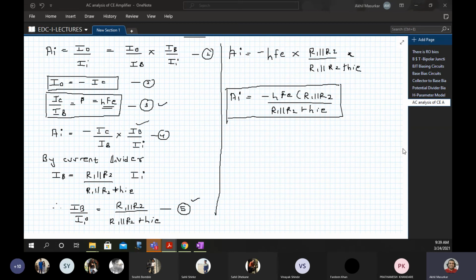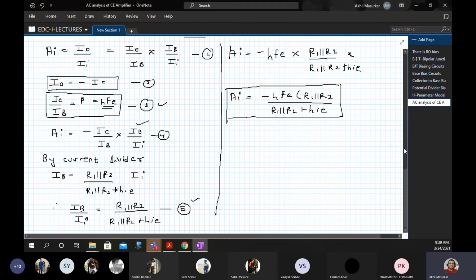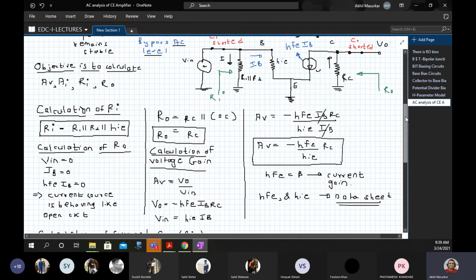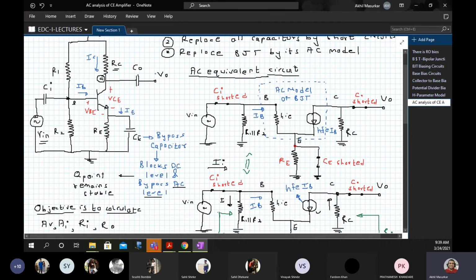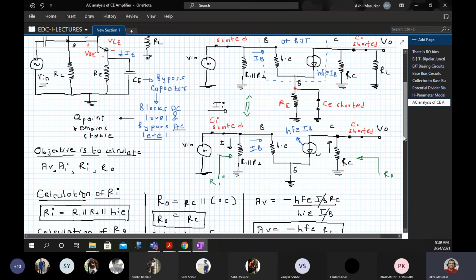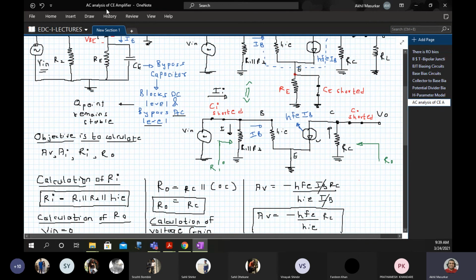Okay. Now, what if in this same circuit, you have to redraw this. I will put a small RL here, that is a load resistance. So here also I will have to put one small RL. In the next circuit also we will have to put an RL.